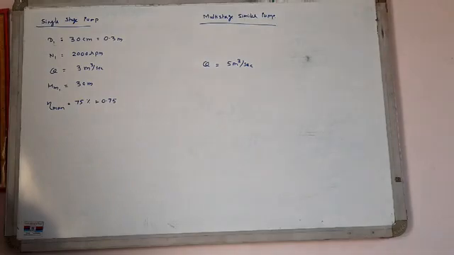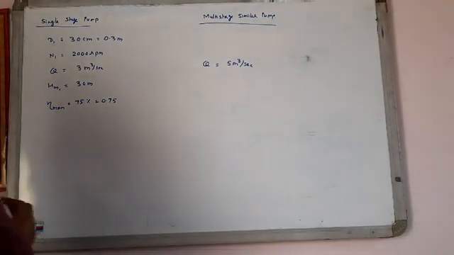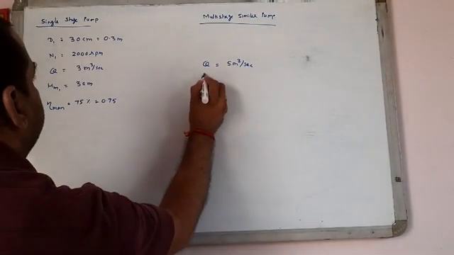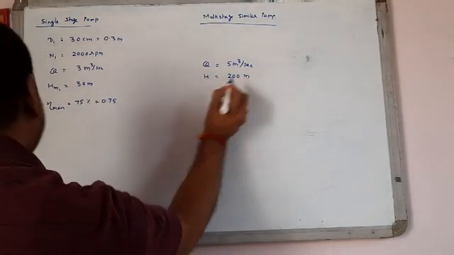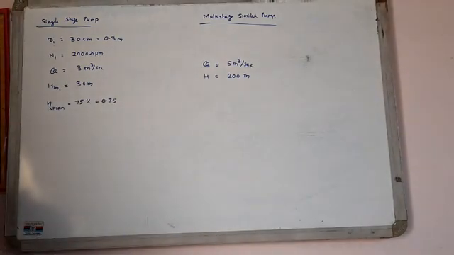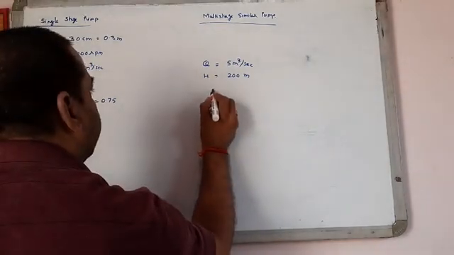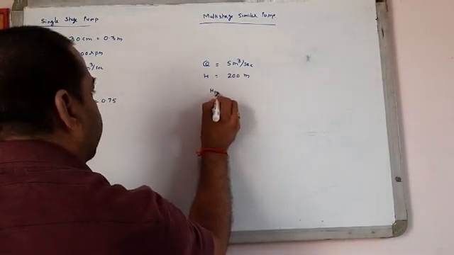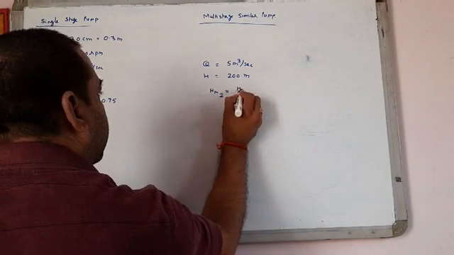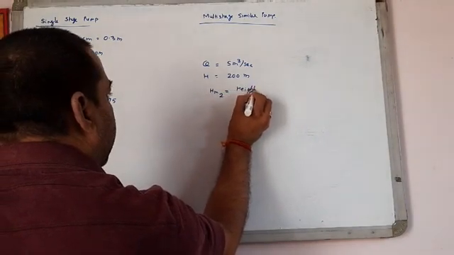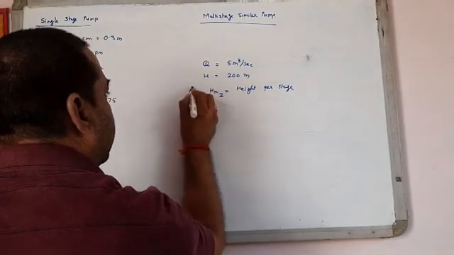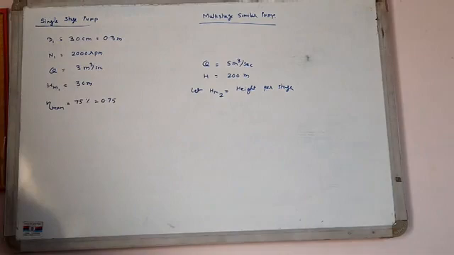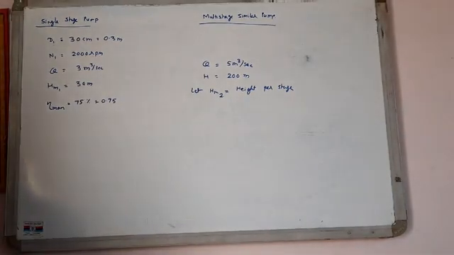Total height is given 200 meter. Let the height per stage be HM2.